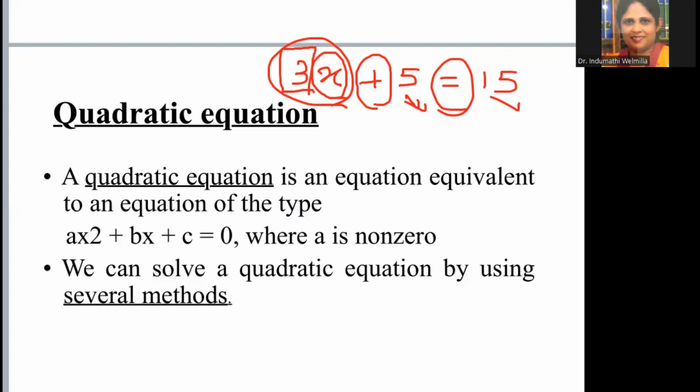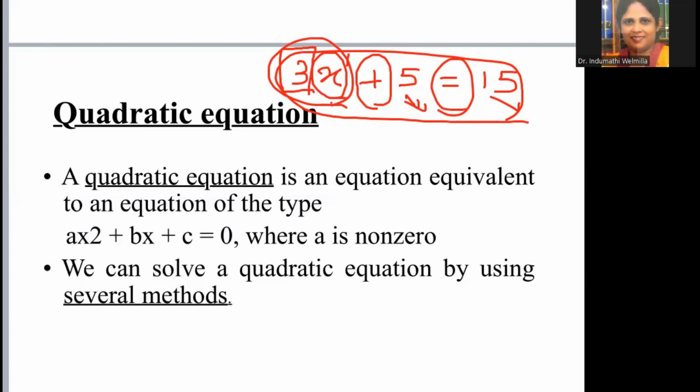The example we already discussed is a linear equation. Why? Here the highest power of the variable x is 1. In such equations, where 1 is the highest exponent of the terms, it is a linear equation.